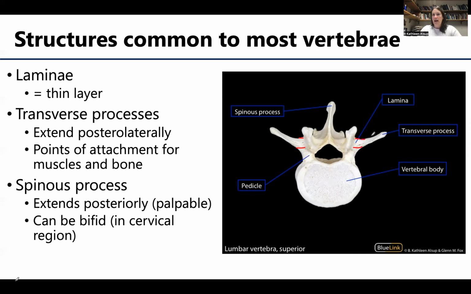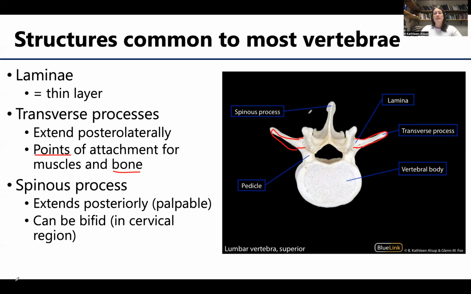And generally you'll have a continued projection of the lamina laterally, and these are the transverse processes. These extend posterolaterally, and importantly are a point of attachment for muscles for all of the vertebral column, and for some of the vertebral column, specifically the thoracic, you'll have bone also articulating there.